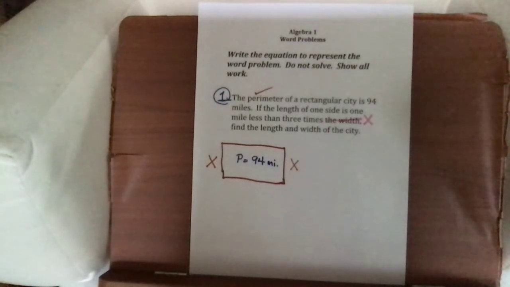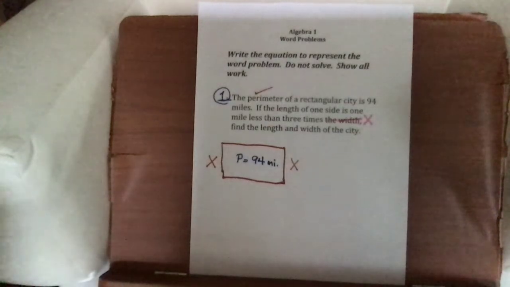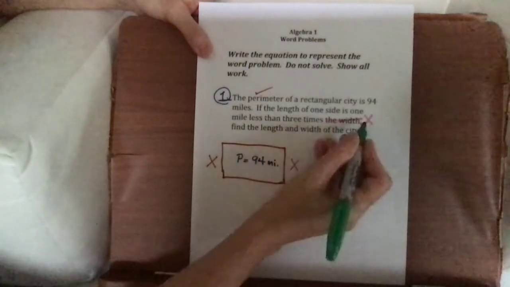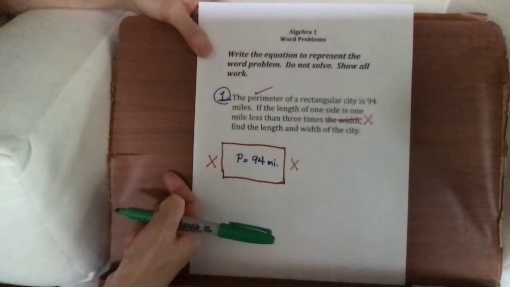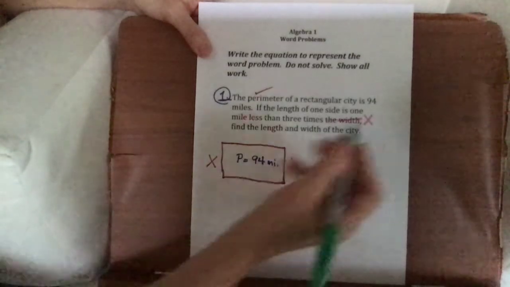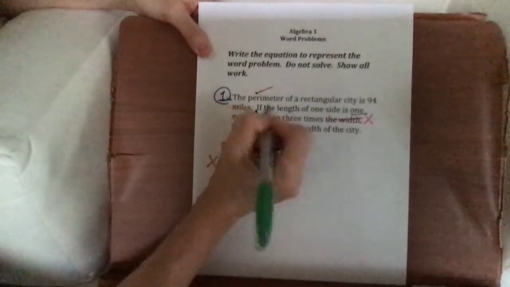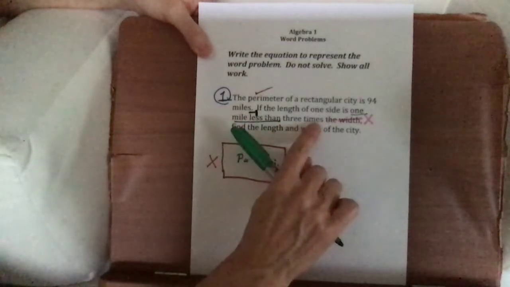All right, now let's go for what the length is. So we got our width down there, and our length is 1 mile less than 3 times the width. If you recall from our translating sentences into equations, 1 mile less than means minus 1. So we're going to subtract 1 from 3 times the width.